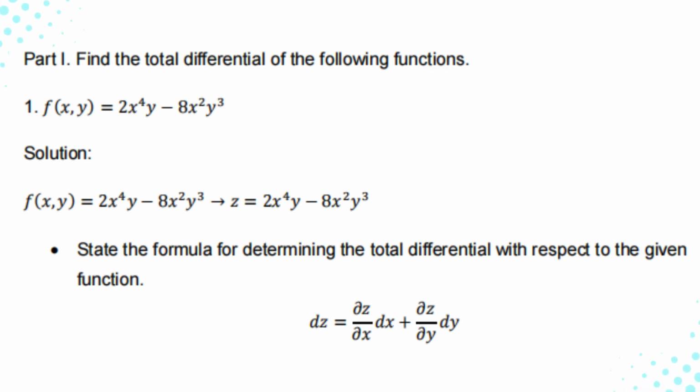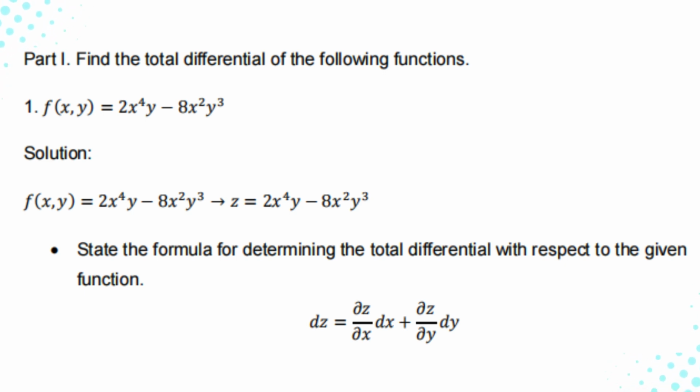For example 1, find the total differential of the function f of x and y equals 2 times x raised to 4 times y minus 8 times x squared times y cubed. So solution, z equals 2 times x raised to 4 times y minus 8 times x squared times y cubed.